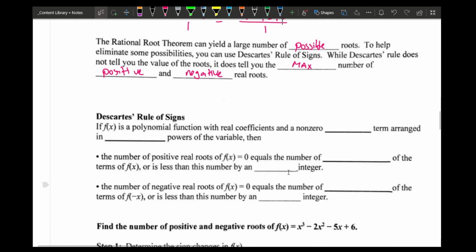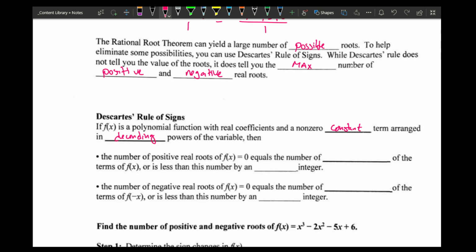Okay. This is something that sounds complicated and is not. The idea here is basically counting. So if you have some polynomial function with real coefficients, so no imaginaries, and a non-zero constant, that means a number at the end, arranged in descending powers, so standard form like we usually do, then this idea applies.